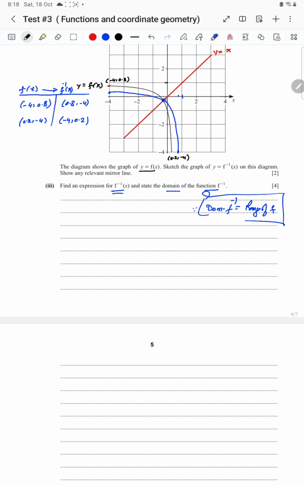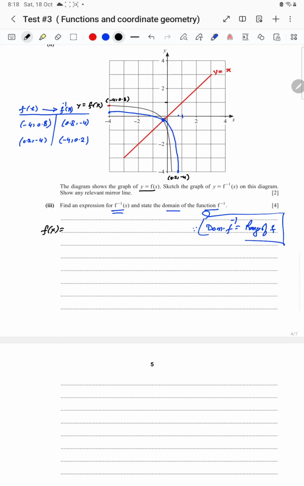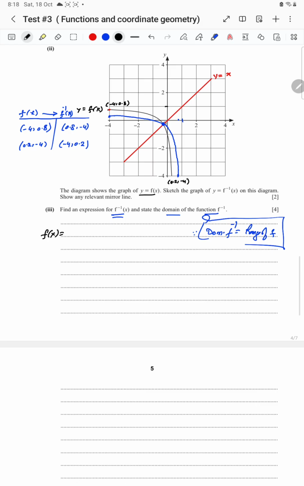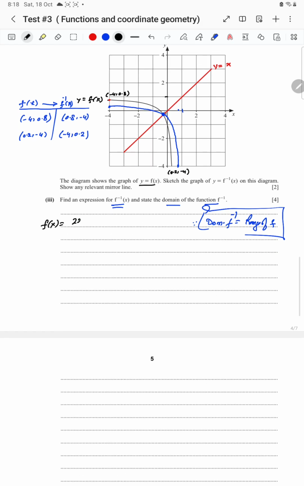So let's solve it. You are given f of x as 2x plus 1 over 2x minus 1. So this is y, cross multiply: 2xy minus y equal to 2x plus 1. Bring all x one side and y on the other side: 2xy minus 2x is equal to y plus 1.